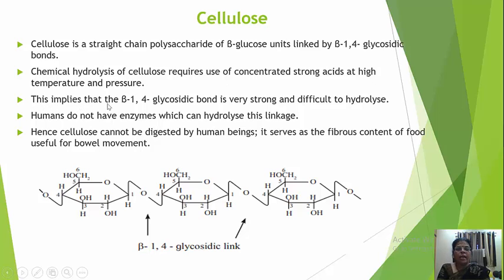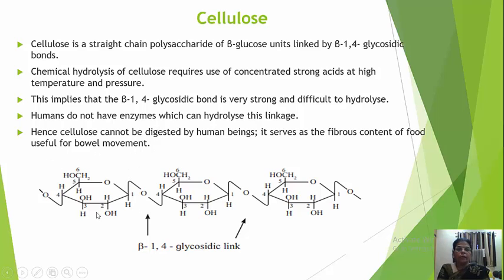This implies that the beta 1,4 glycosidic bond is very strong and difficult to hydrolyze. Humans do not have enzymes which can hydrolyze this linkage. Hence, cellulose cannot be digested by human beings. It serves as fibrous content of food, useful for bowel movement.